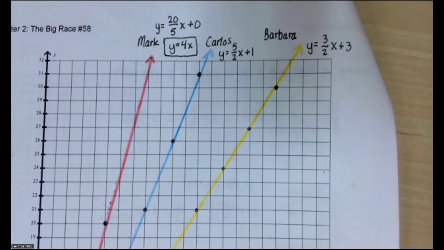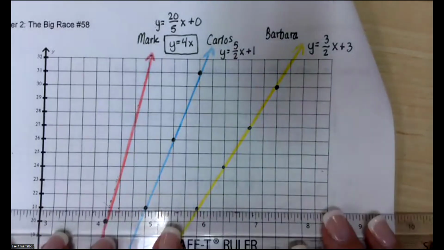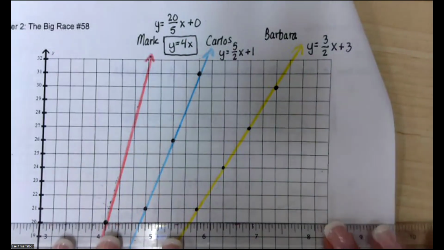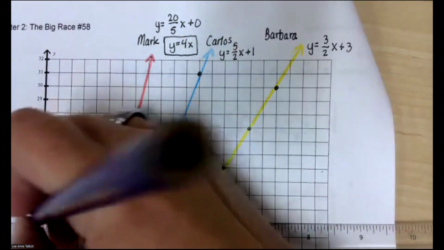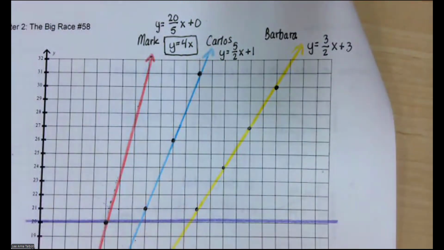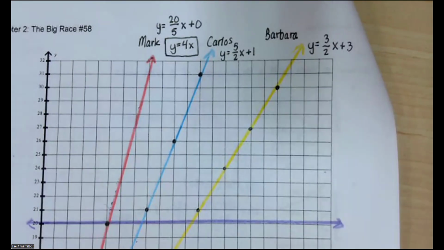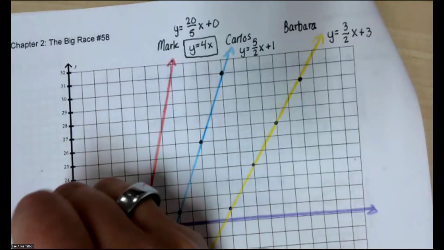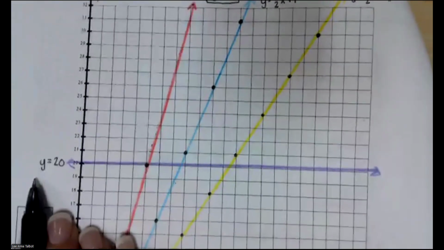Okay, you guys, so what was the finish line? 20. So I'll draw the finish line in. And I really want to tie that back into the notes we did.